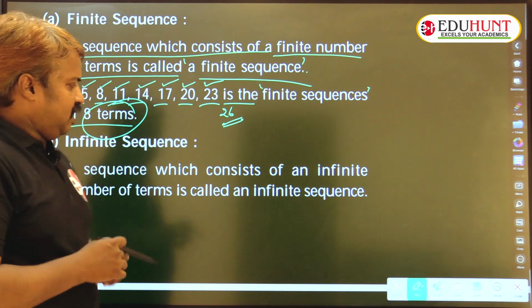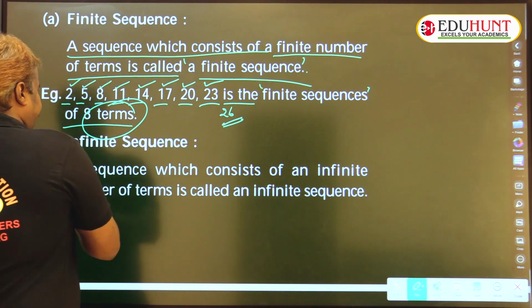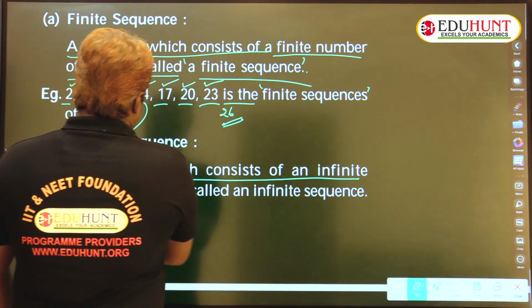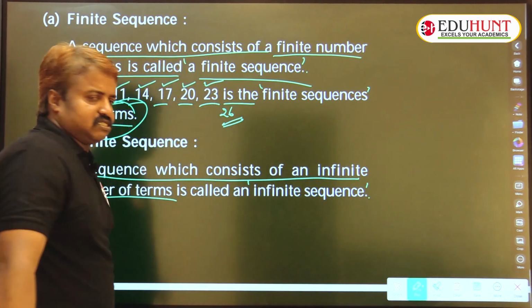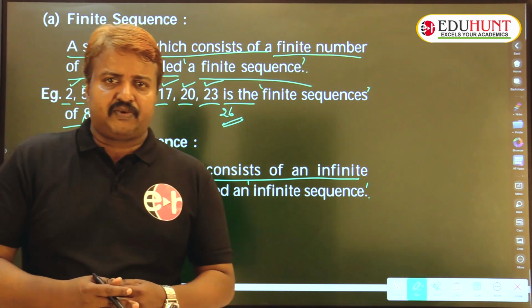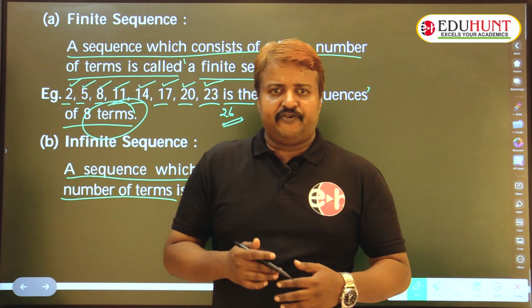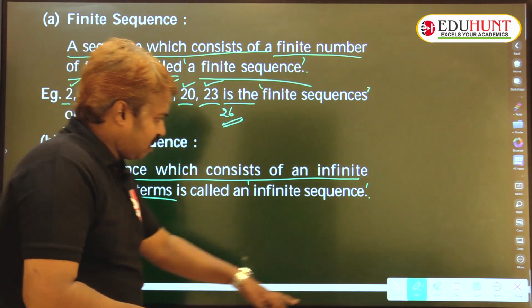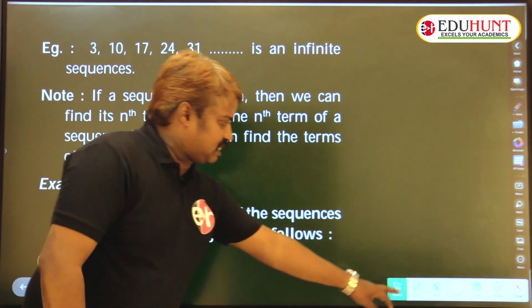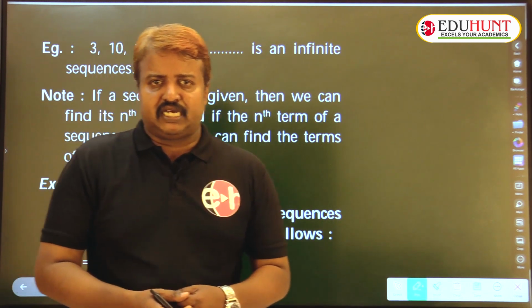An infinite sequence is one which consists of an infinite number of terms. A sequence which consists of an infinite number of terms is called an infinite sequence. See another example. A finite sequence has finite terms, so we can count how many terms it has.